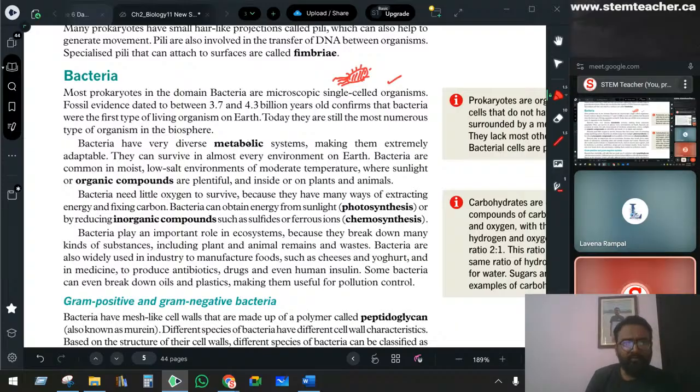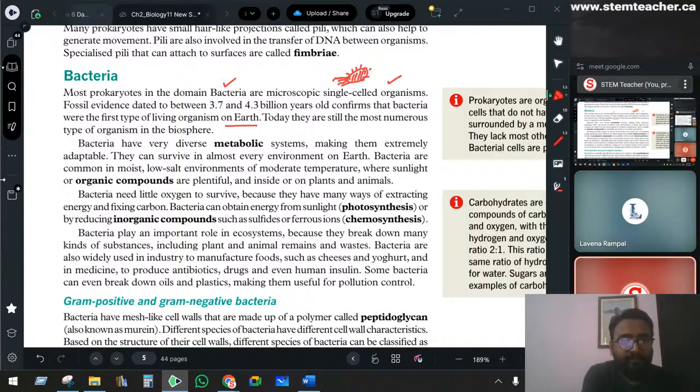And fossil evidence dated between 3.7 and 4.3 billion years old confirms that bacteria were the first type of living organisms on the earth. When the earth formed, the temperature cooled down and water formed. After that, this kind of bacteria formed. First bacteria formed, then bacteria changed and everything changed. A number of modifications came.